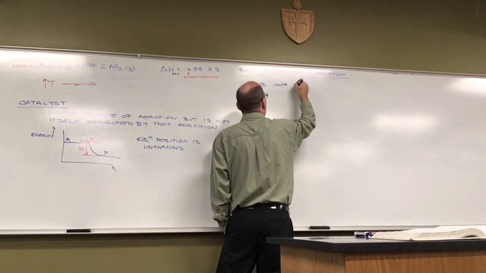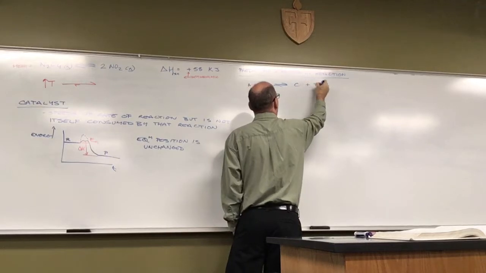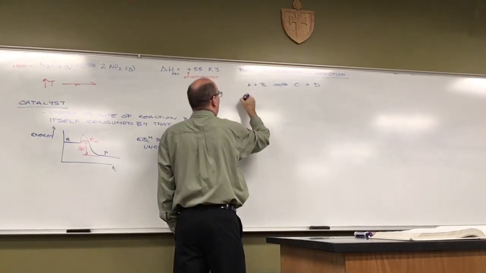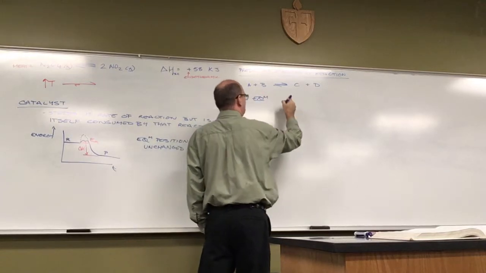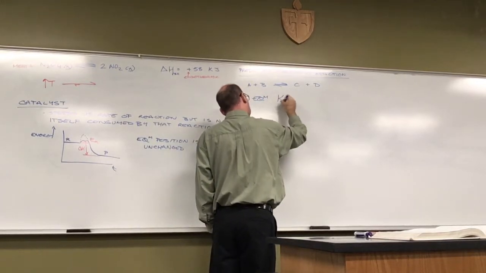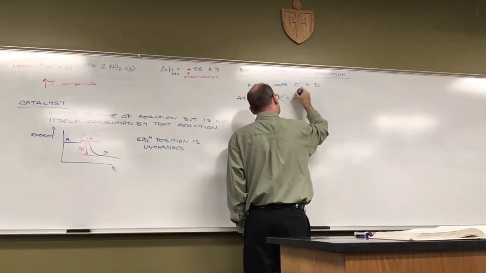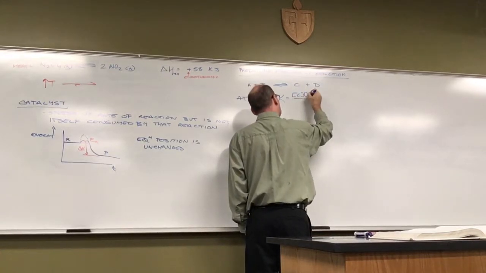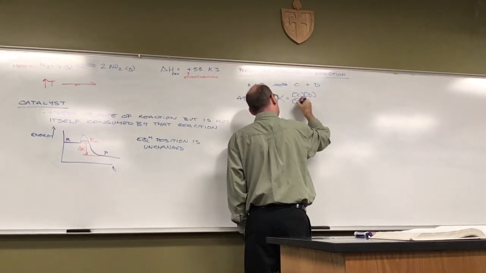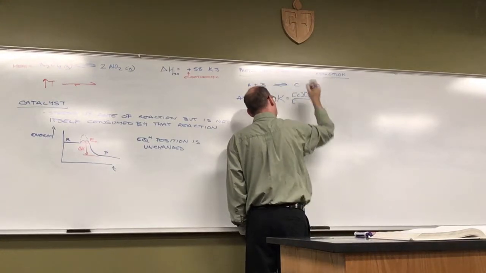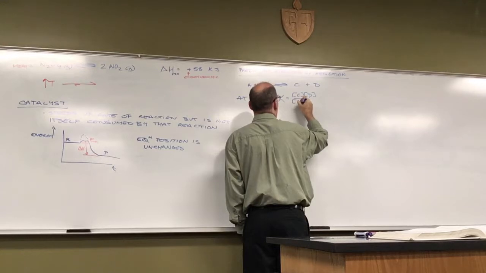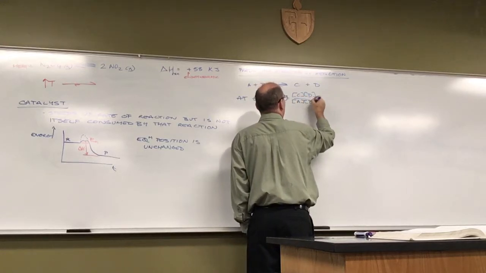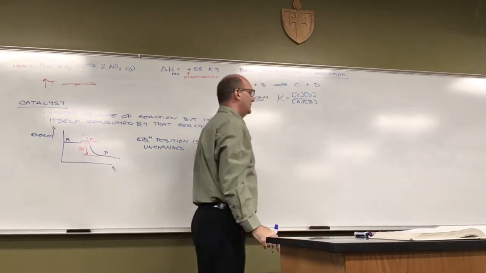For the reaction A plus B goes to C plus D, at equilibrium, K is the value of the products multiplied by each other, raised to their powers, if need be, if they exist, divided by the concentration of the reactants.